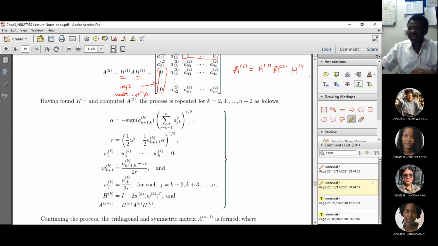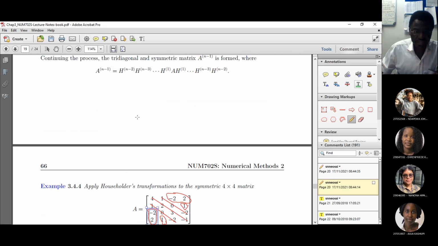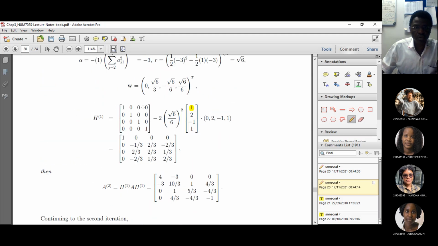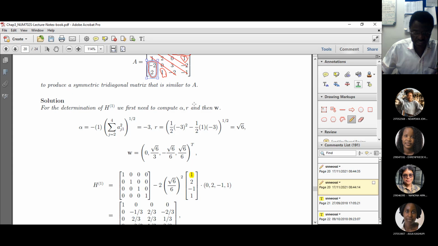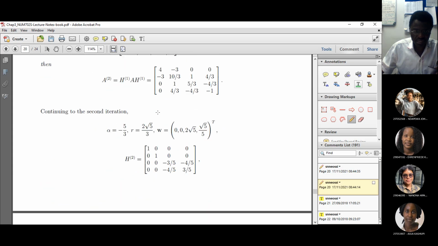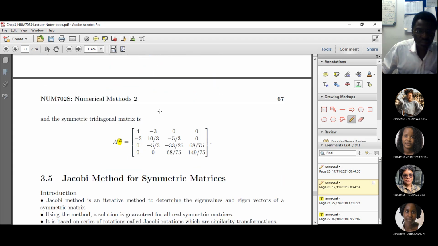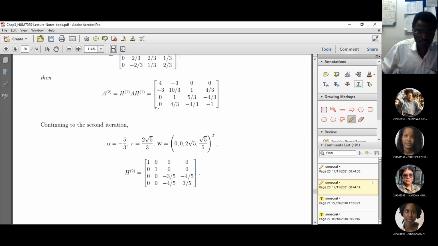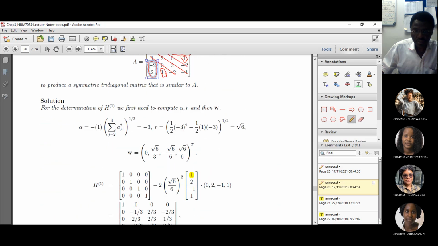Okay, so let us go straight to the application. In order to do the computation, I will leave this screen and go to a different one where we'll be able to write everything in detail.